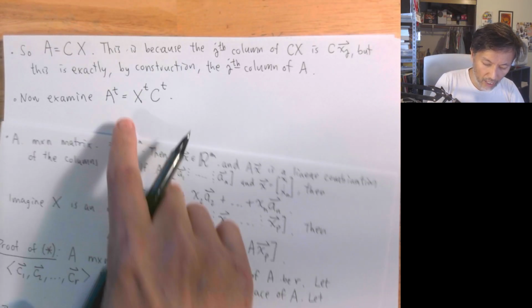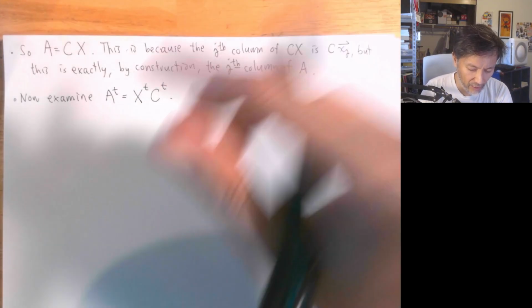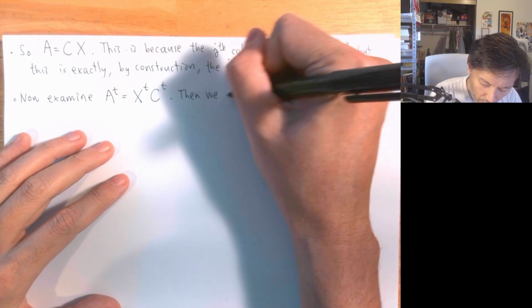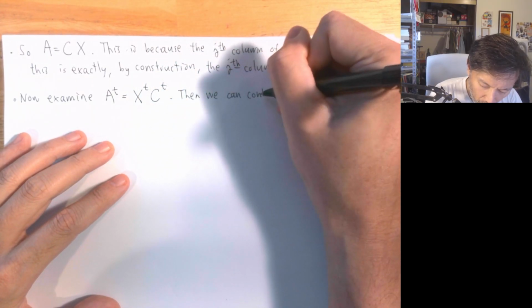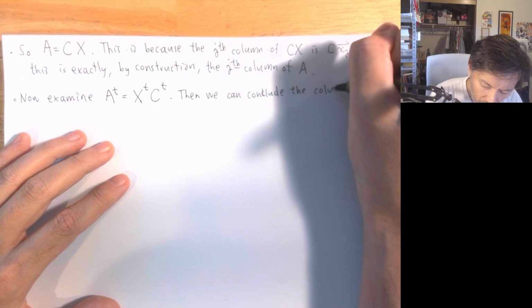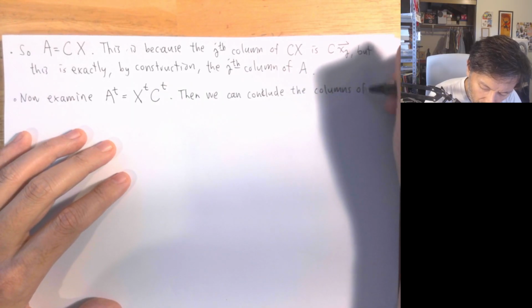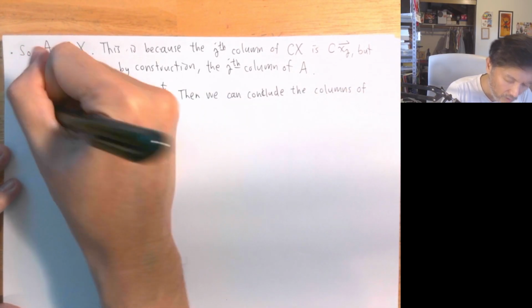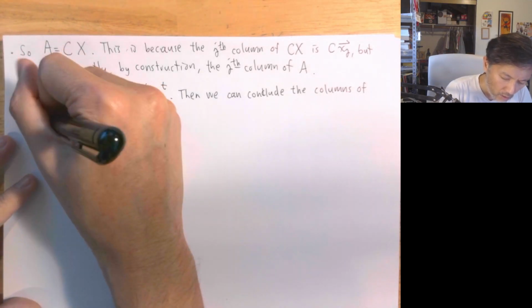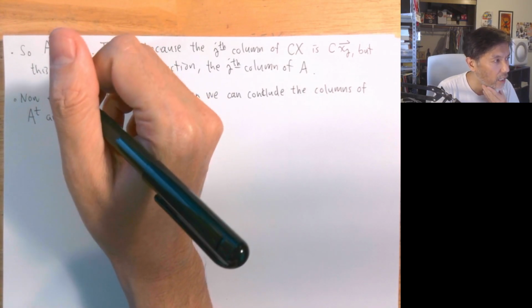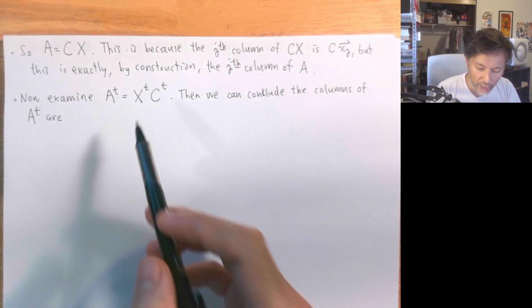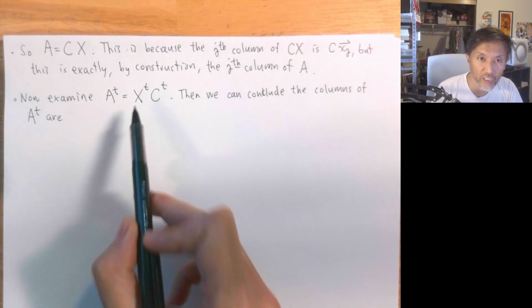So let me write this down. Then we can conclude the columns of A transpose are themselves linear combinations of the columns of X transpose.